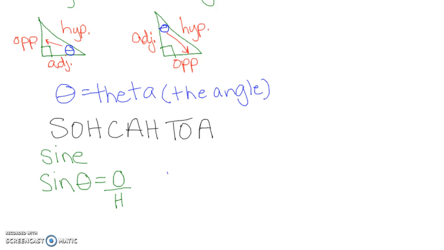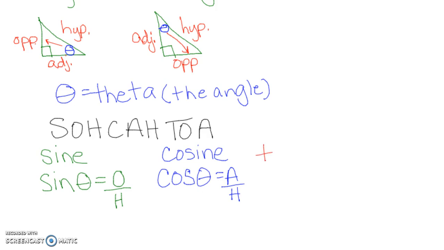The next one is cosine. We represent that with cos theta equals adjacent over hypotenuse. The cosine of theta compares the adjacent side to the hypotenuse side.